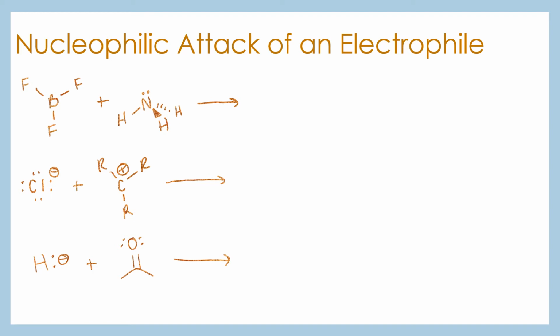The boron is going to have a partial positive on it because of the dipoles pulling electron density away from the boron and creating partial negatives on all of the fluorines. So the nitrogen on ammonia is going to be very interested in that boron. And what you end up with is this kind of weird complex where the boron and the nitrogen are bonded together.